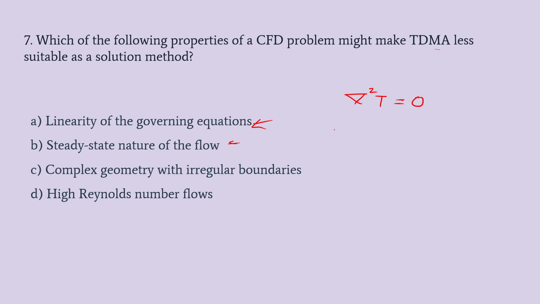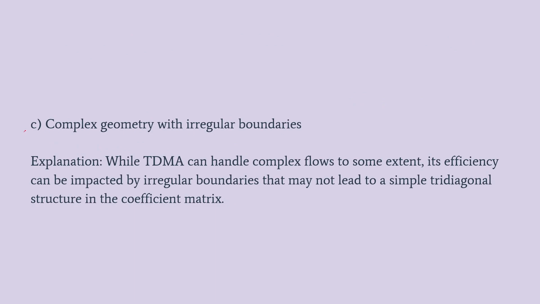steady state problems. And next, option D is high Reynolds number flow, that is turbulent flows or high speed flows. Actually, TDMA can be utilized in turbulent flows or higher Reynolds number flows if the turbulence is modeled properly. The one other difficulty in CFD is complex geometry with irregular boundaries. So C is our answer.